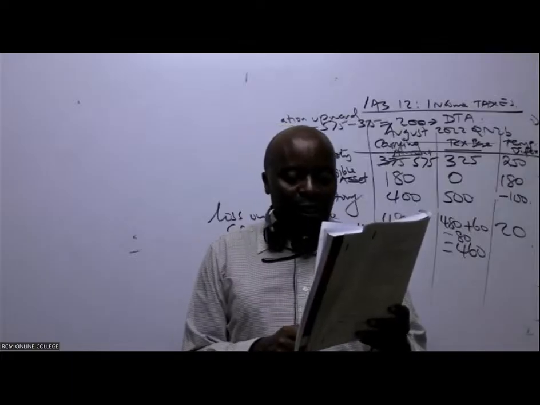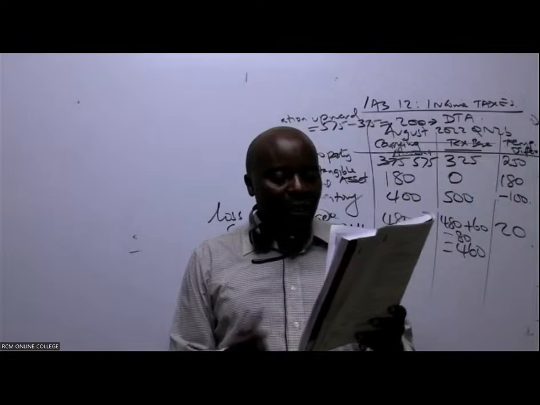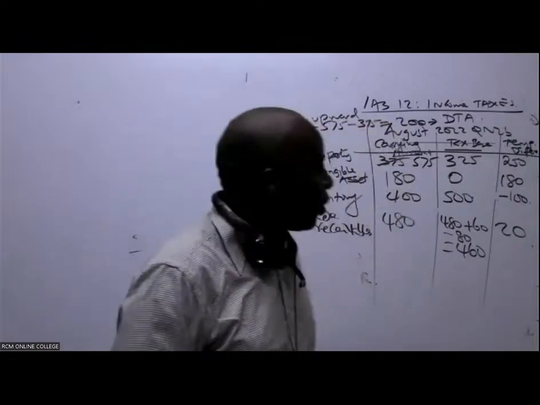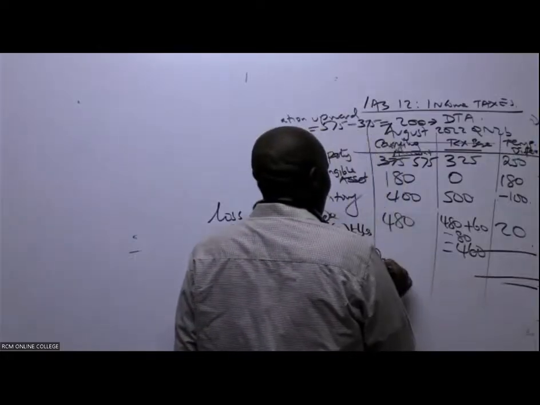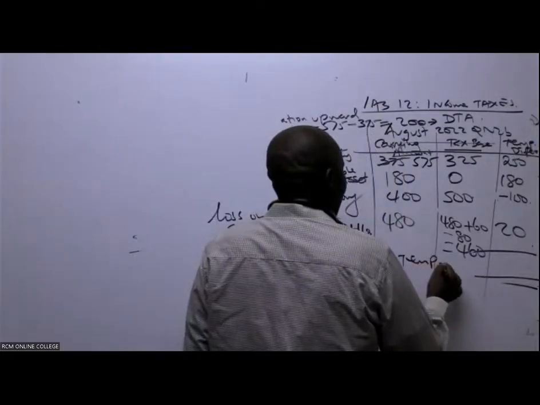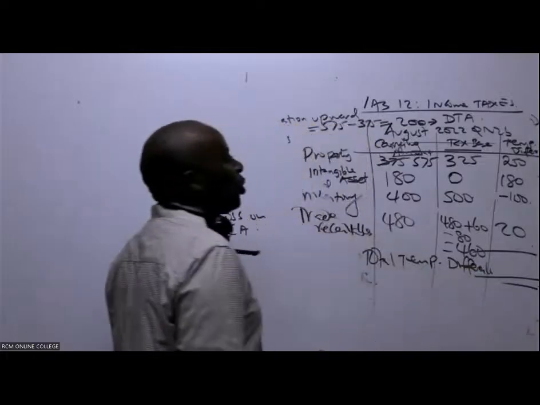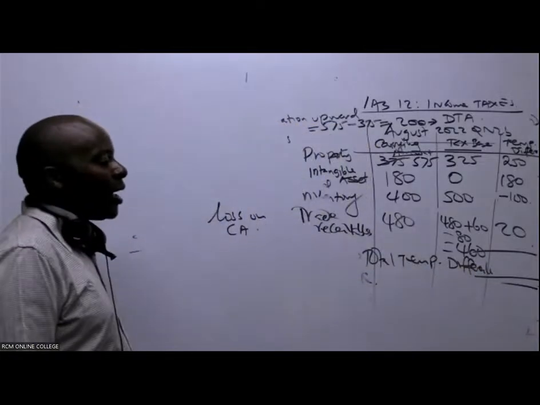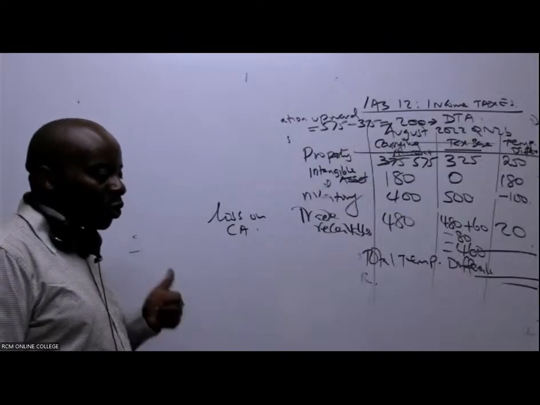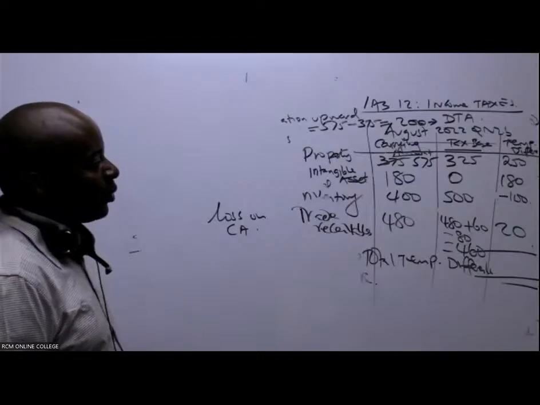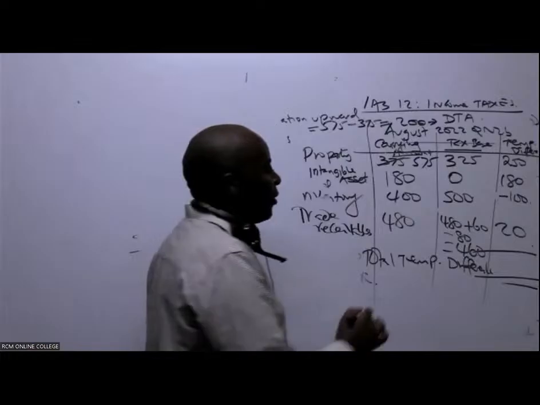Now we go there. We are told here about the balance of the deferred tax liability, so that can't come here. Income tax, we are through. So come and add here the total temporary difference. What do we have here? The total temporary difference gives us what figure? 350.